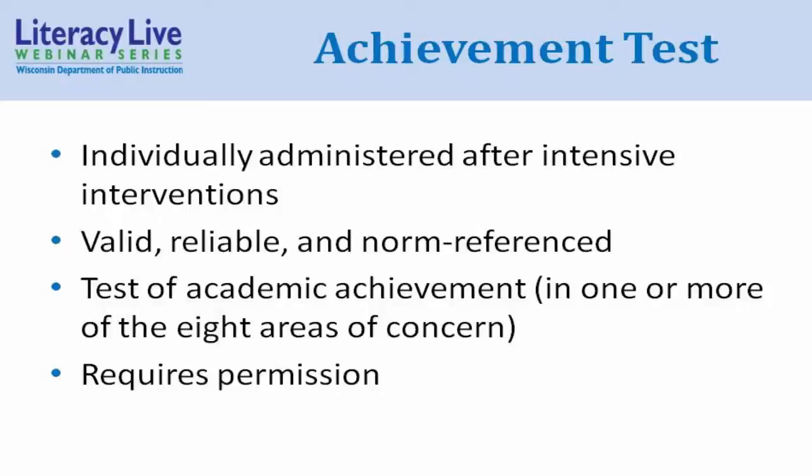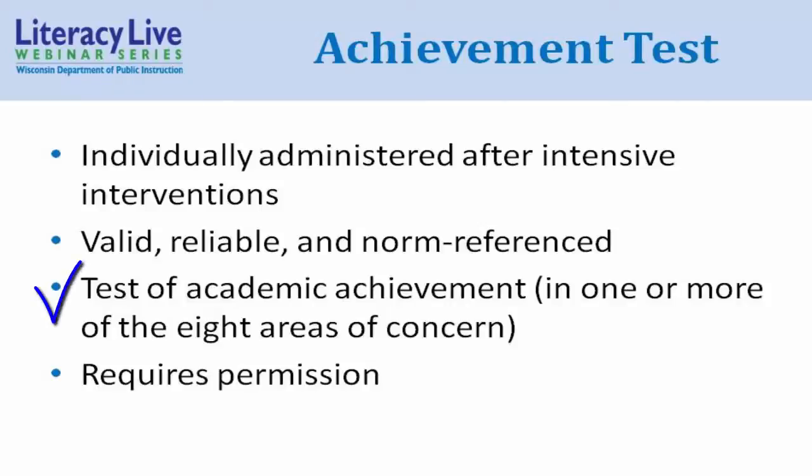The achievement test needs to be as reliable and valid as it can be, and it needs to be a norm referenced measure because we're looking to see if this inadequate achievement is not what one would expect for the student's age level.